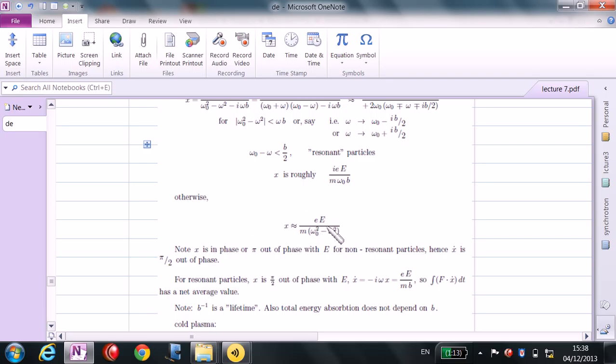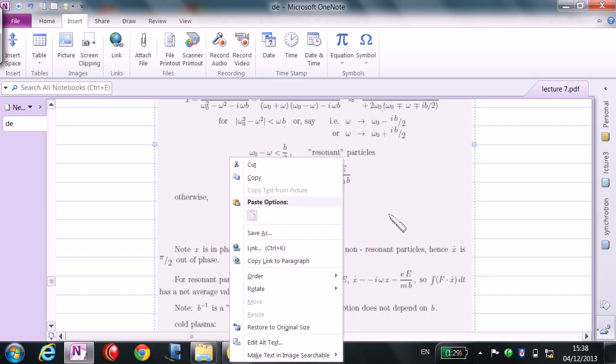Otherwise, x is proportional to e with a real constant of proportionality. It could be positive or negative depending on whether omega is bigger or smaller than omega naught.